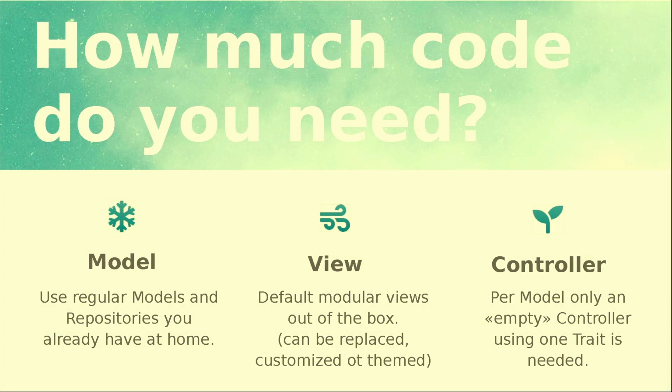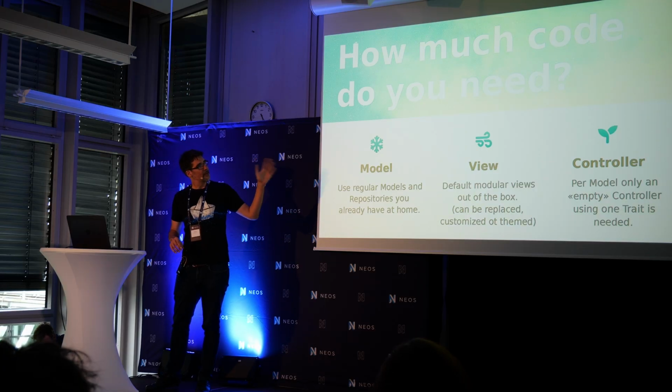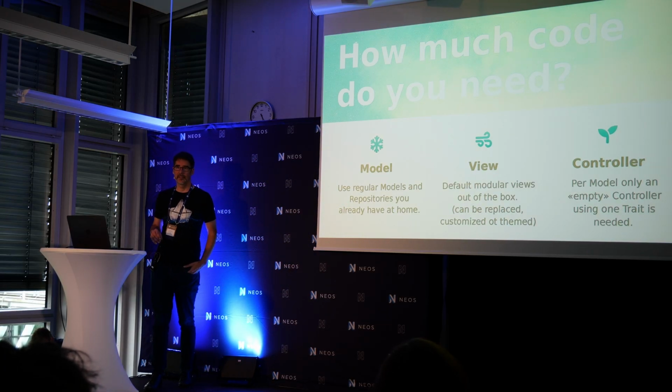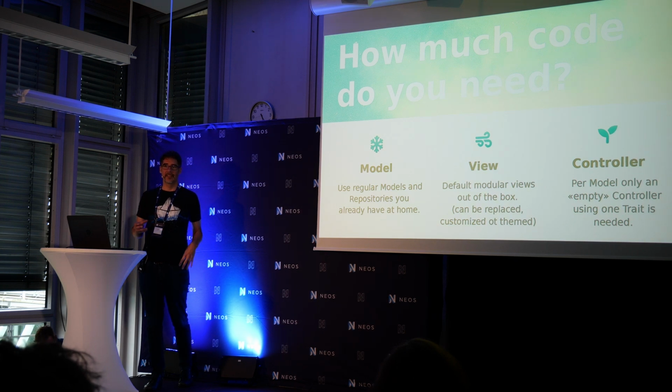So how much code do you really need to achieve this? For models and repositories, you can just use the models and repositories you already have at home. So there are no special requirements for that. The package comes with default views that are automatically loaded.